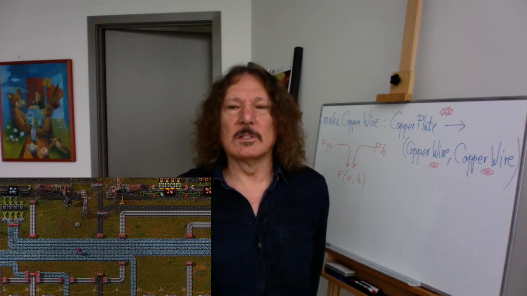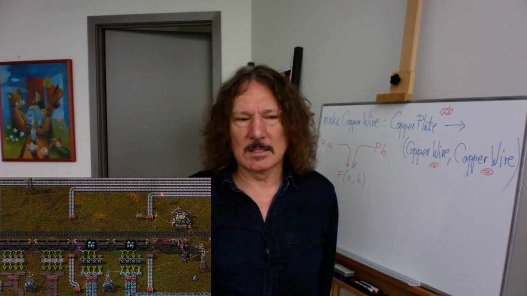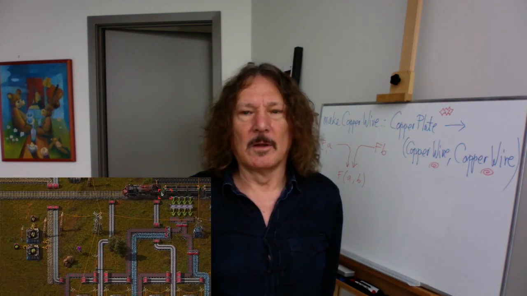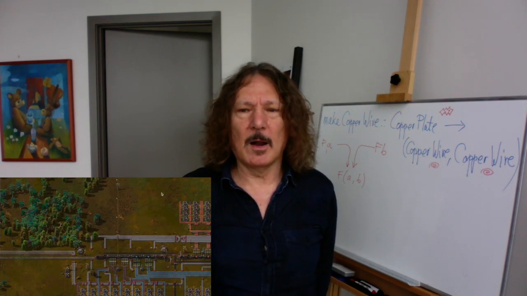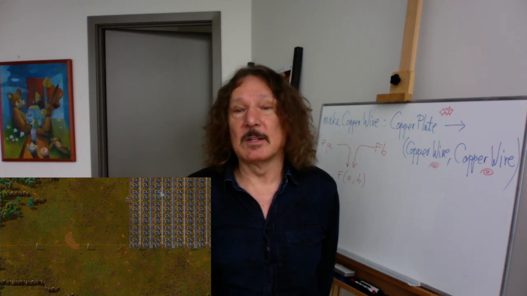So arguments are actually resources in Factorio. And this is a problem with which a lot of programming languages have to deal. And there are mechanisms for this. In C++, you have things like unique pointers and move semantics.